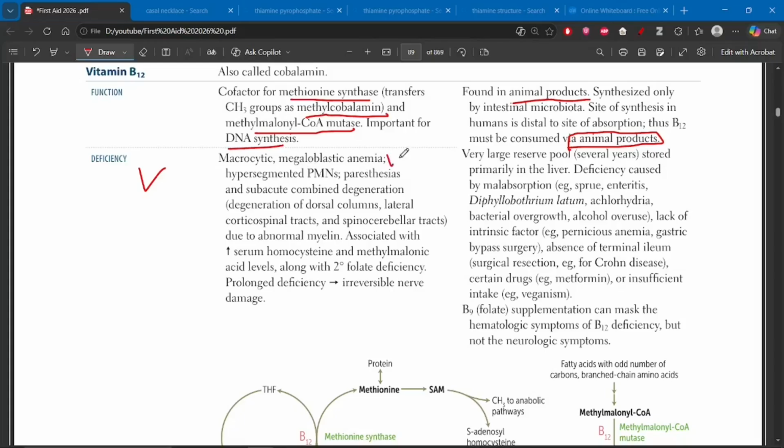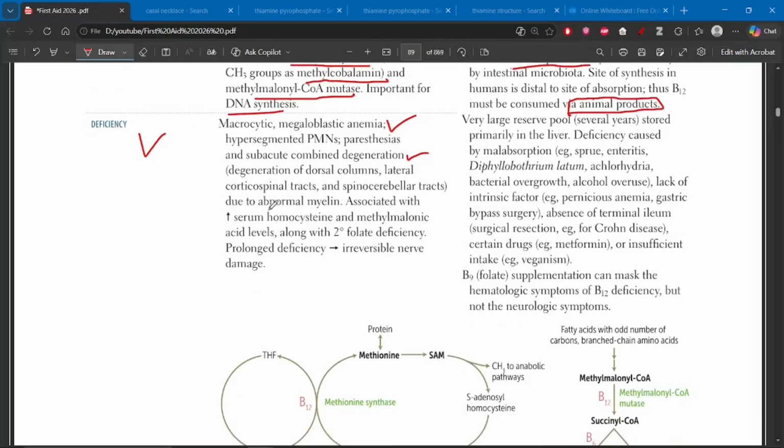Deficiency causes megaloblastic anemia, hypersegmented PMNs, paresthesia, and subacute combined degeneration. It's important. It's the degeneration of the dorsal columns, lateral corticospinal tracts, and spinocerebellar tracts. B12 is a component of myelin, and when it is deficient, the myelin becomes abnormal. It is associated with increased serum homocysteine and increased methylmalonic acid levels, along with secondary folate deficits.